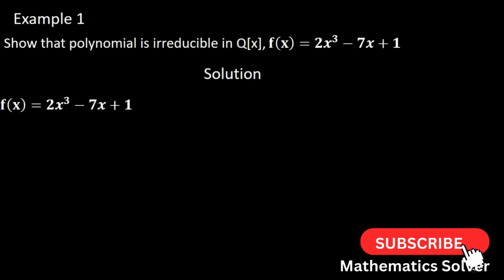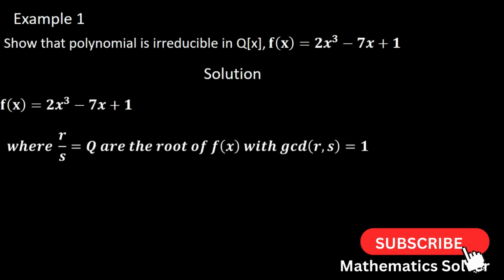First, we let the function be 2x raised to the power 3 minus 7x plus 1, where r over s is a root of f of x, with the greatest common divisor of r and s equal to 1.